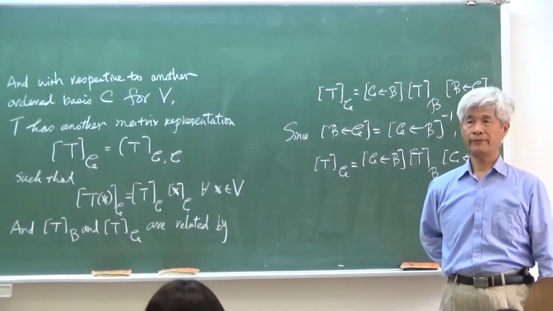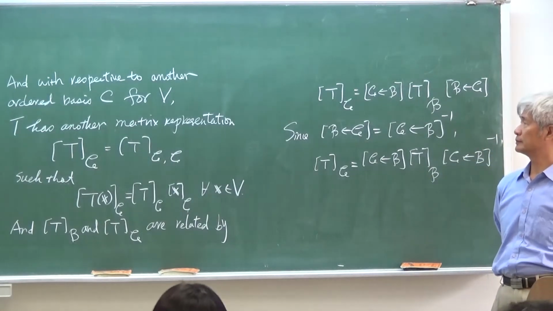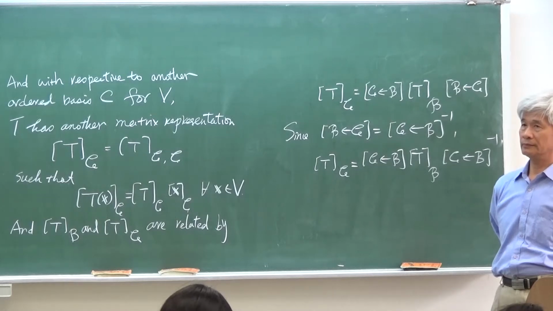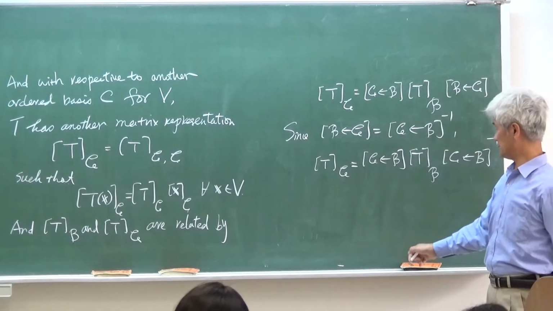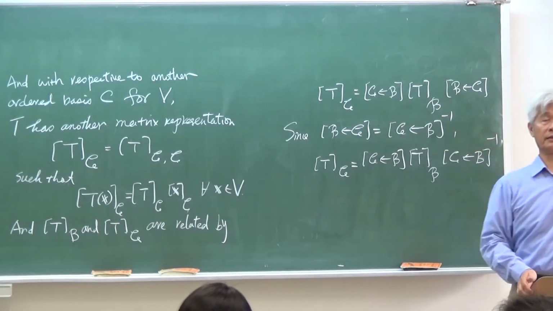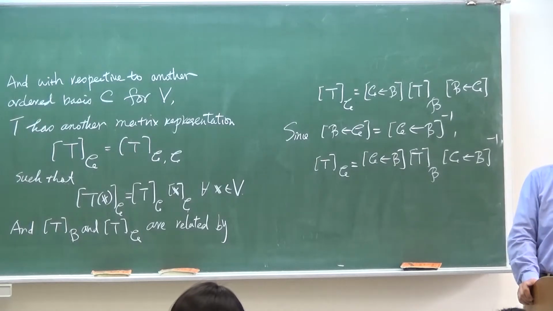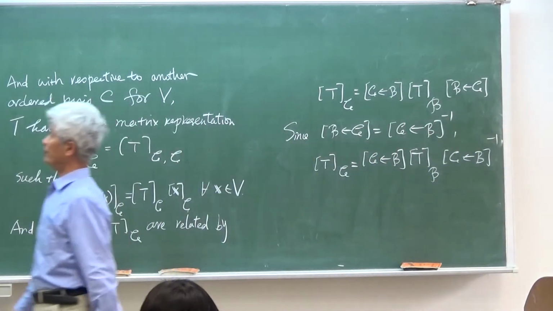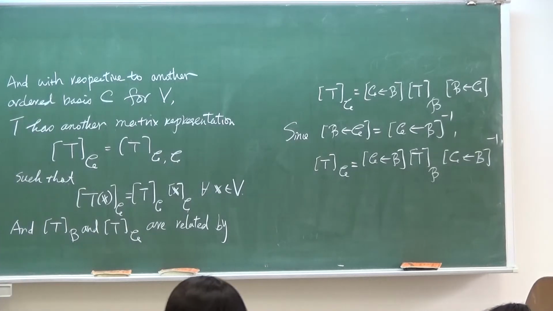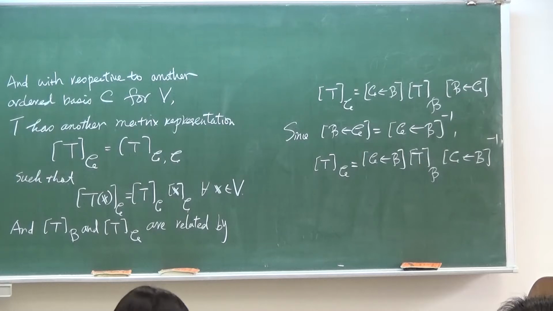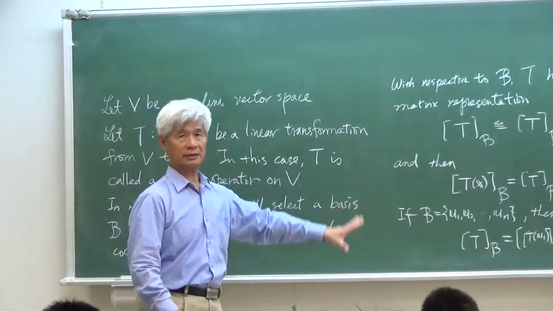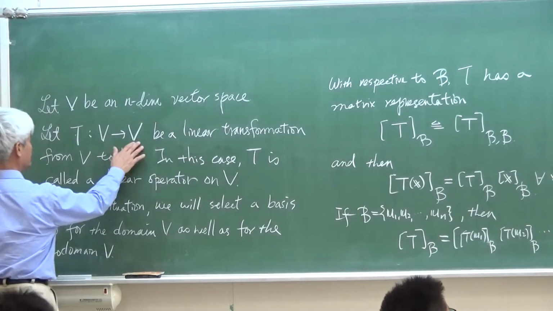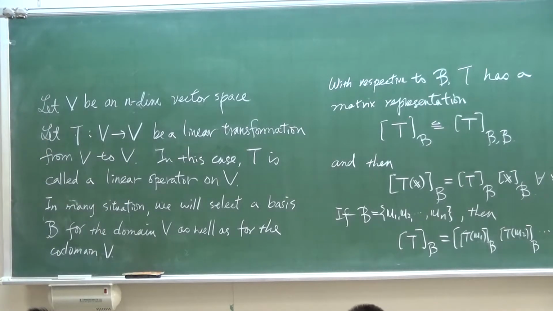Any questions? So what I have written now is just a special case of what we discussed on Wednesday. Because we discussed a result for arbitrary linear transformation from V to W, so V and W can be different. The square case is that V and W are the same, so the domain and codomain are the same. This is the first point.